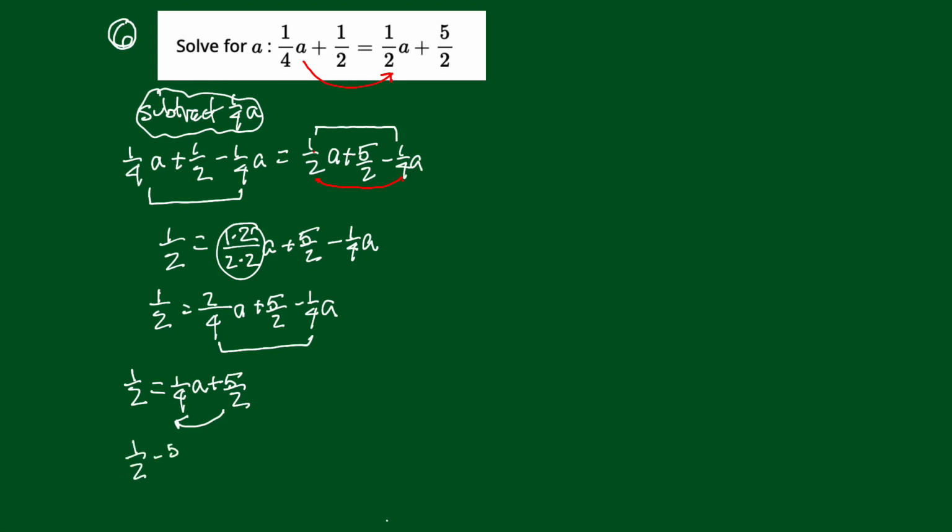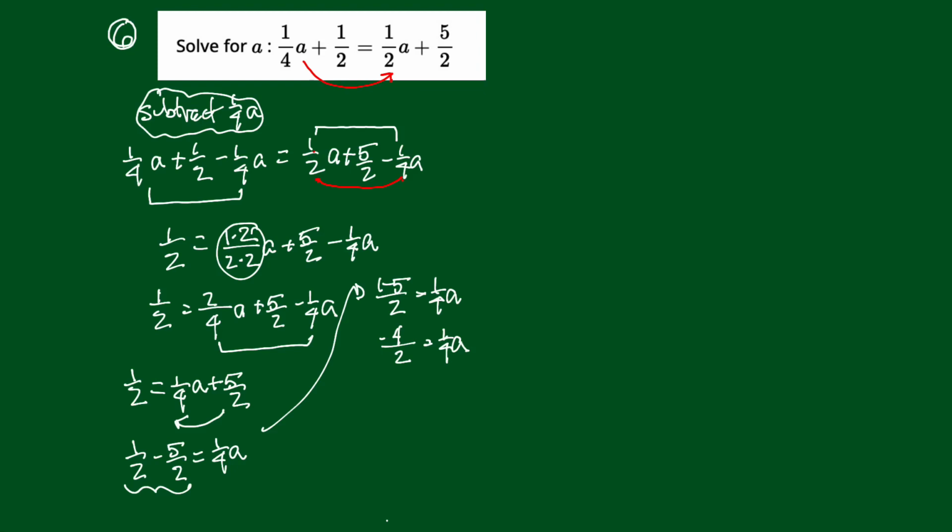1/2 minus 5/2 is equal to 1/4 A. Now, over here, 1/2 minus 5/2, I'll do it right up here. This is equal to 1 minus 5 over 2, which is equal to 1/4 A. Well, that's negative 4 over 2 is equal to 1/4 A. And now what I'm going to do is eliminate this 1/4.